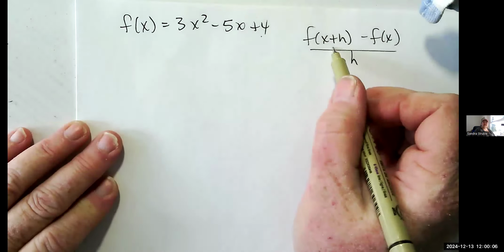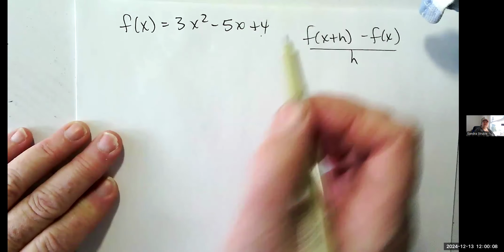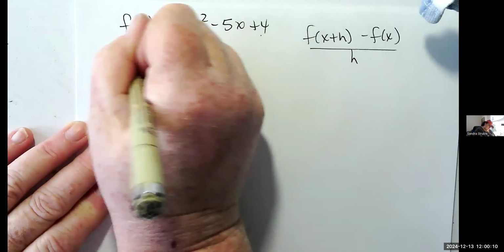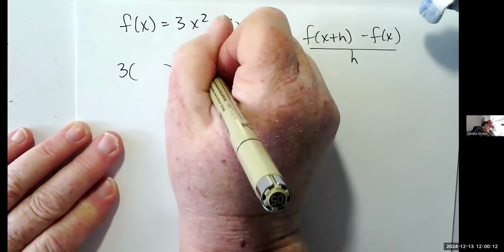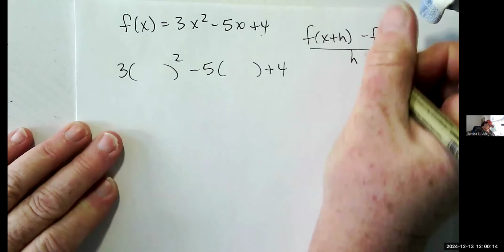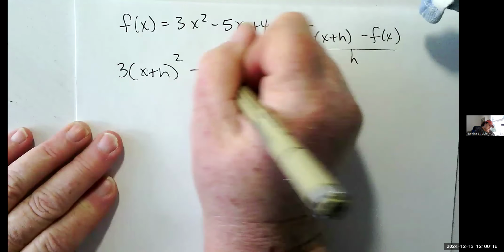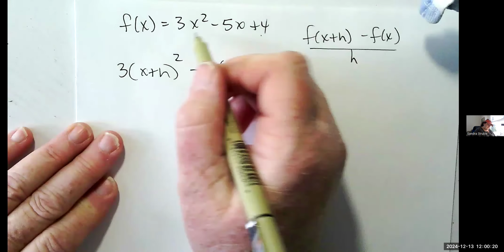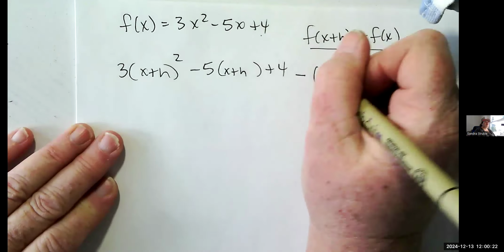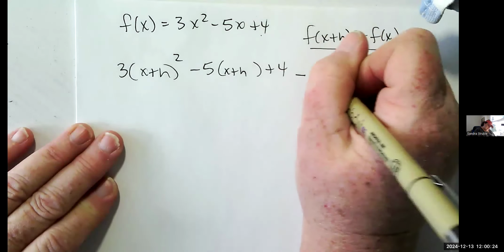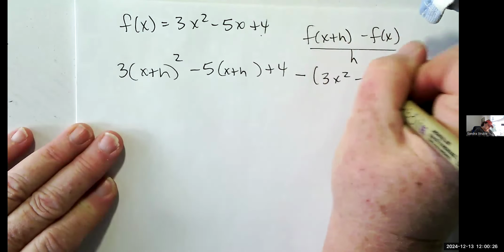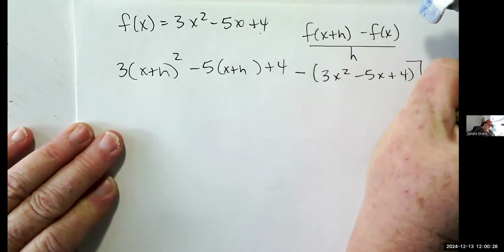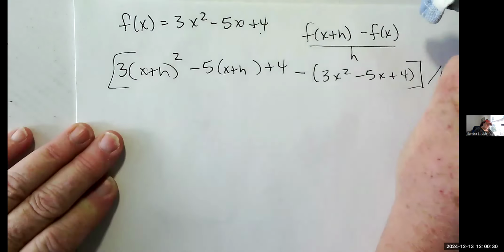So for the first one, I'm going to take x plus h and shove it in everywhere there's an x. All right, then we're going to subtract the original version. Don't forget the parentheses because you have to distribute this negative. And all of this is over h.